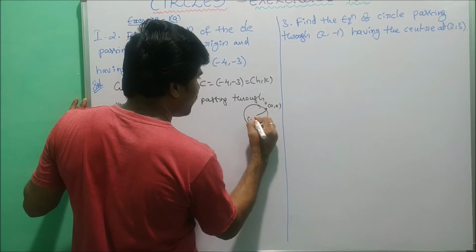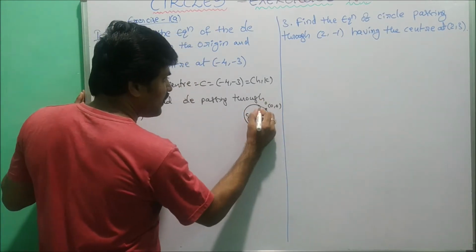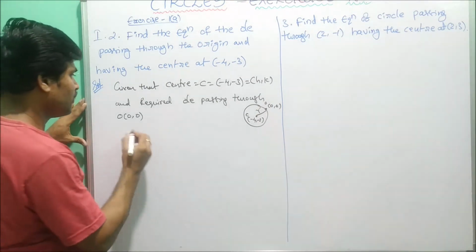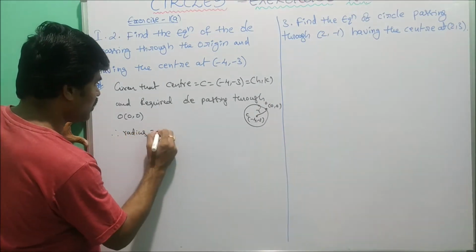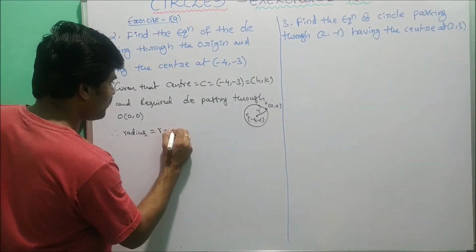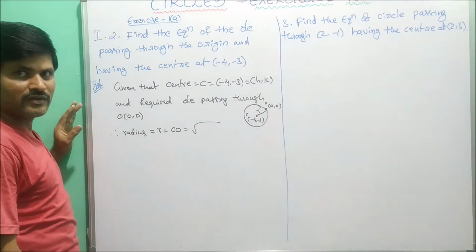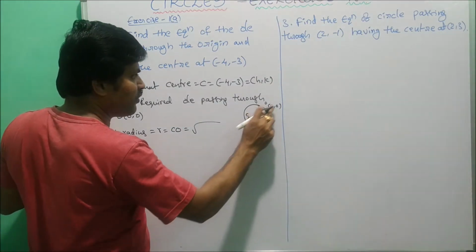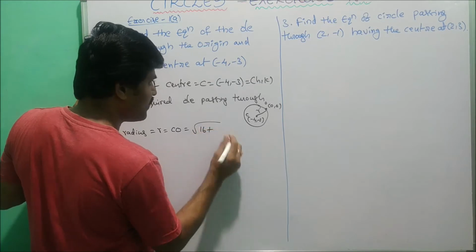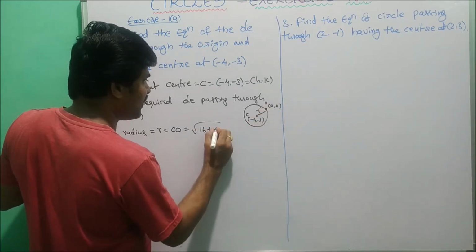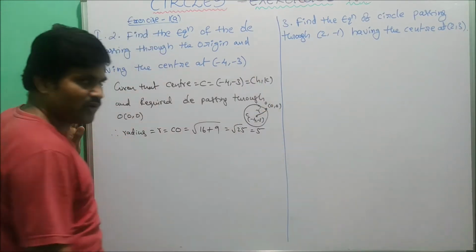First of all we calculate the distance between C and O, that is the radius. So radius R equals CO. Using the distance formula, minus 4 minus 0, that is minus 4 square, 16, plus minus 3 minus 0, that is 9. So square root of 25, which equals 5.